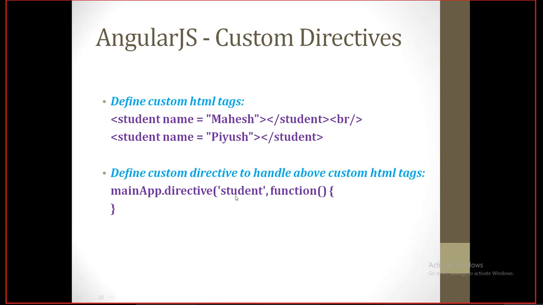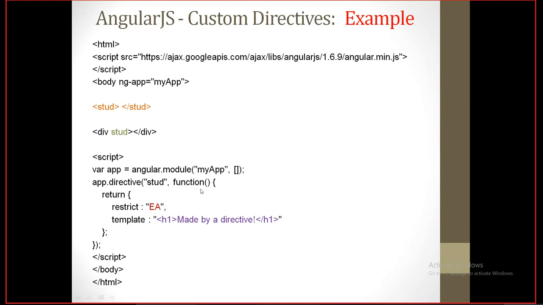For example, here I have provided student. So wherever the student tag is present in the HTML page, all of those student tags will be replaced by some HTML code, and that code is written as part of this function body. Understood? So that is called creating custom directives. Here we have an example.